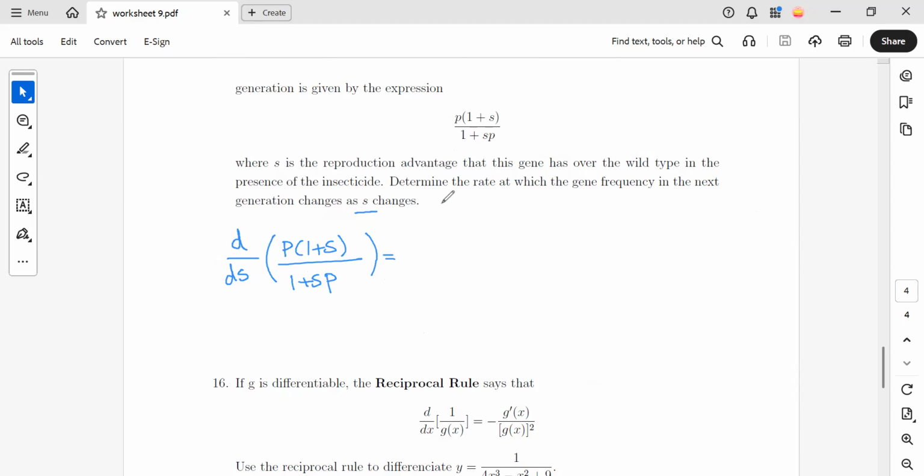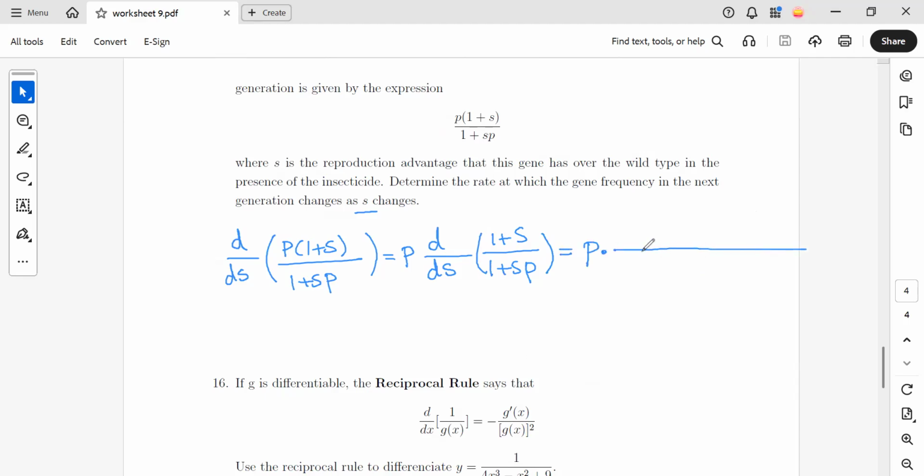Okay, for simplifying, I would like to bring out P, which is not a variable here. We treat it as a constant, like 2. So ds of whatever is left here. So P is here.